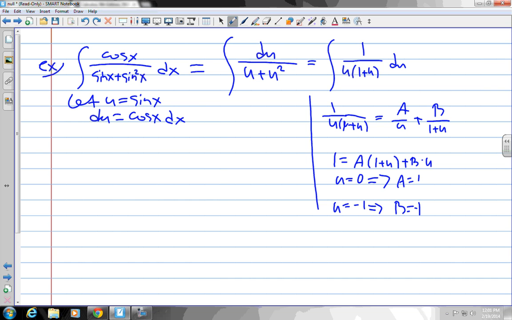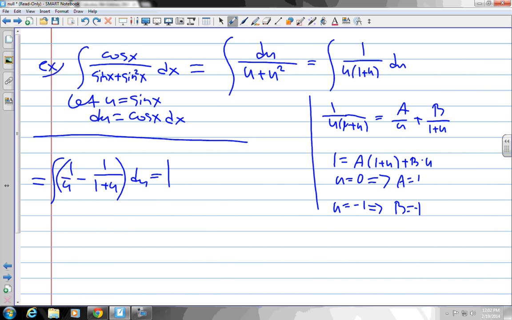So then our integral becomes the integral of 1 over u minus 1 over 1 plus u, du, which is just a pair of natural logs.